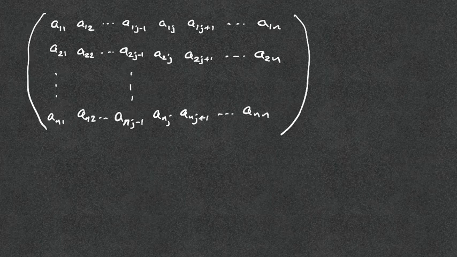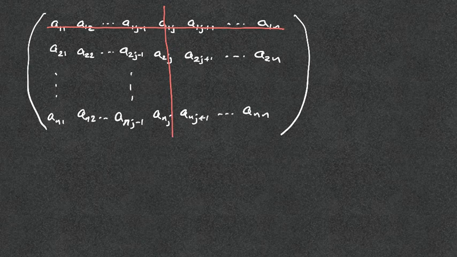And so basically what we're doing in our matrix is that we're reducing the dimension down by 1. So we are essentially getting rid of the first row, but then we're also getting rid of the jth column.